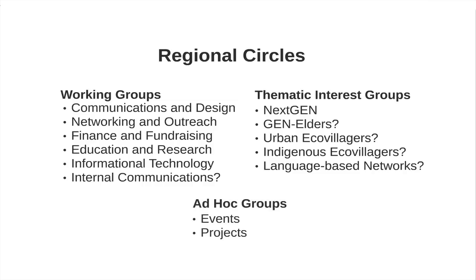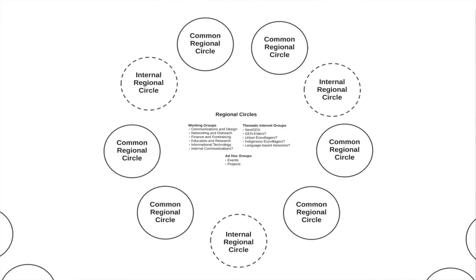And then there's also a lot of ad hoc groups that might form to support an event or a project and then dissipate when that's completed. And again, it would be great if we could reach consensus on the circles that we'd like to have common across all regions, because I think this would really allow us to network more efficiently and have a greater impact in the world.